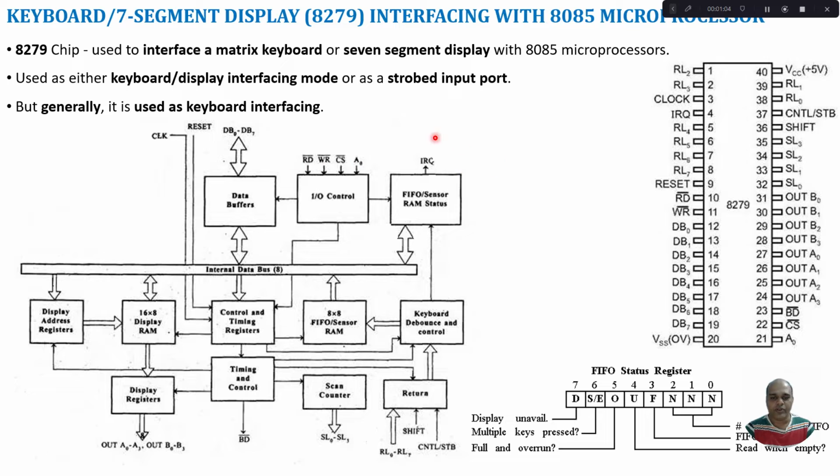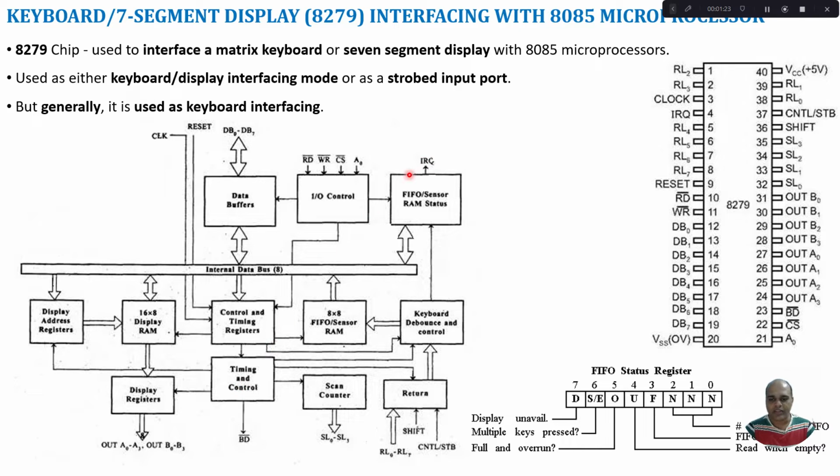So here I show the architecture of this 8279 IC. Here we have the center blocks: data buffer, I/O control, control and timing registers, and timing and control block, which are common for both keyboard operation as well as display operation.